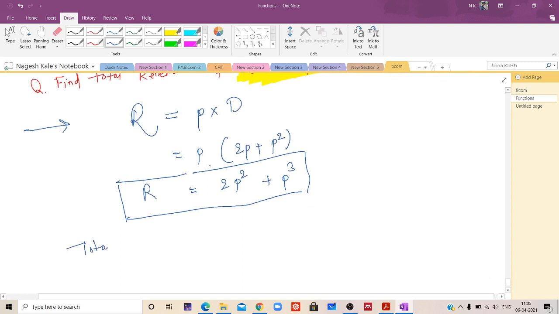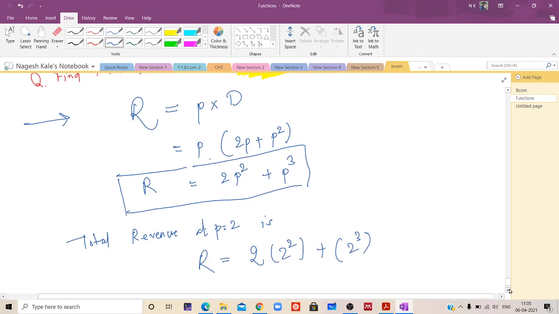Now the total revenue at p equal to 2 is what? R equals, wherever there is p in your function, just put p equal to 2 there. So that is 2 into 2 square, plus 2 cube.